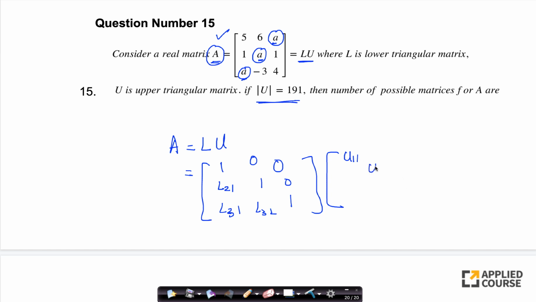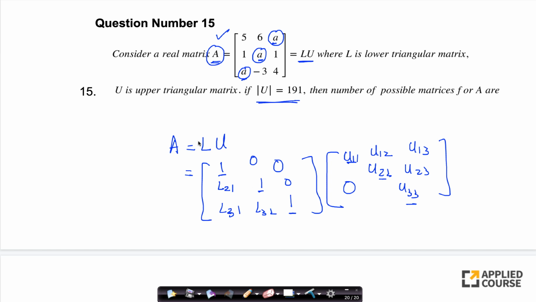So we said U22, U33. This is all 0, but this is U12, U13, U23. One thing you have to notice here is for the lower triangular matrix, we use the values of 1 on the diagonal. That's a very important thing when we discussed LU decomposition in the course videos. But for the upper triangular matrix, these values need not be 1.